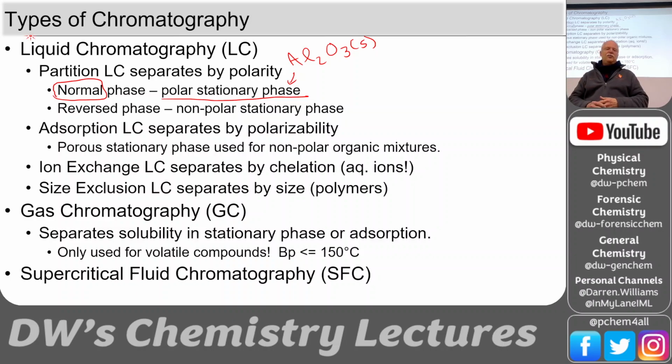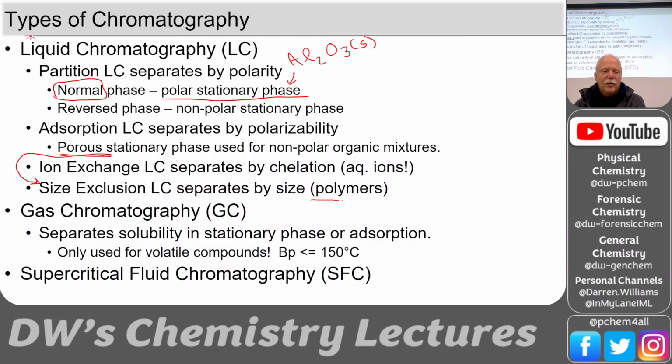So for adsorption LC, we can use a porous stationary phase. Will the molecules stick to that porous stationary phase? What if we make a porous stationary phase that has particular sizes? Then we could use that one also for size exclusion liquid chromatography.